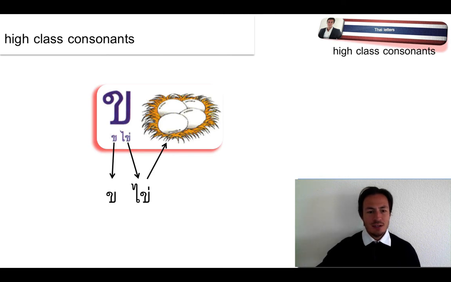So this is of course as always, and now what's a little bit different in comparison to the other groups is the pronunciation or the tone of the syllables. So first of all, you say ka, so the standard default vowel that you add to the aspirated K sound of the consonant.